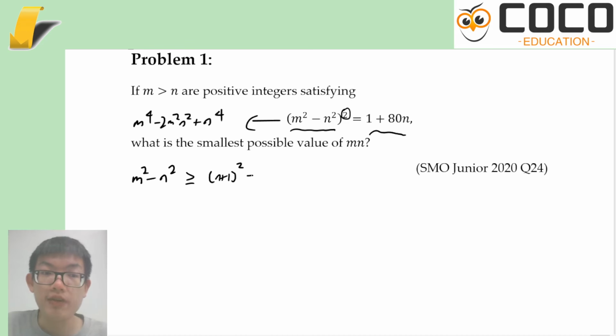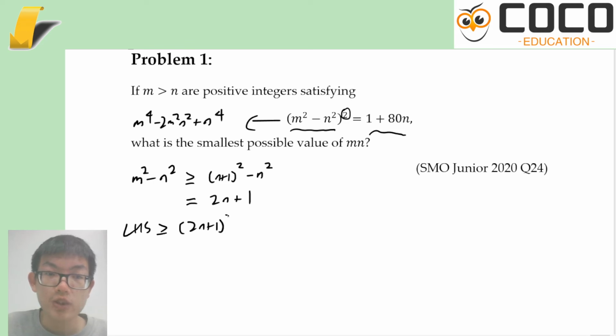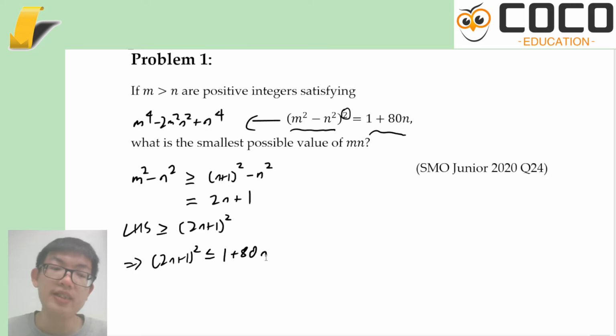The simplest, loosest, and the best bound is that (n plus 1) squared minus n squared is the smallest possible value of m squared minus n squared. And so the left hand side is greater than or equal to (2n plus 1) squared, which means that (2n plus 1) squared is less than or equal to 1 plus 80n. That is quite tiny, to be honest.